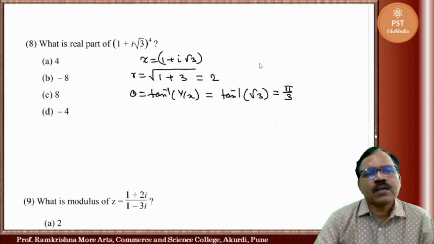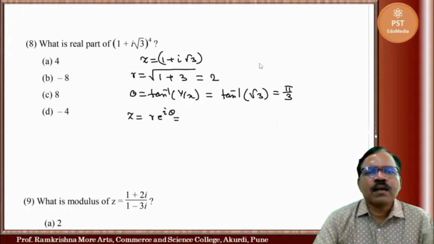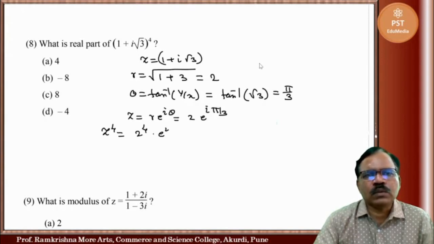So z is equal to r e raised to iθ. So here r is 2, e raised to iπ/3, and then fourth power: 2 raised to 4 into e raised to i 4π/3.